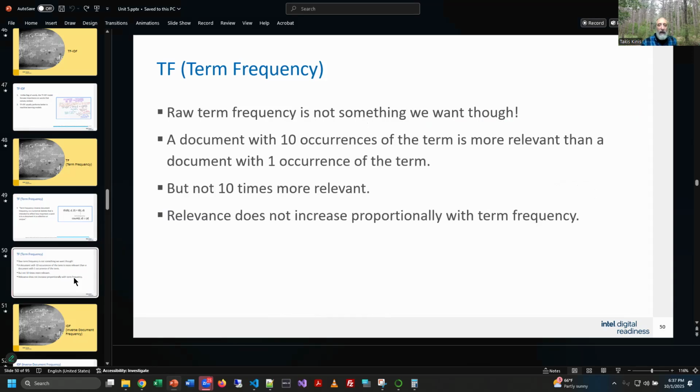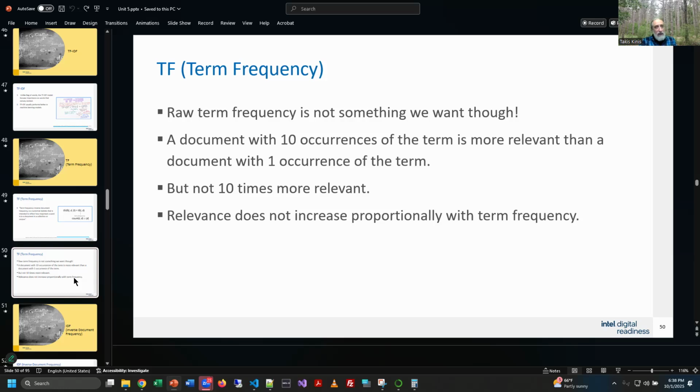Now, maybe this isn't what we want, though, and I'll have you think about this. It says raw term frequency is not something we want. A document with 10 occurrences of the term is more relevant than a document with 1 occurrence of the term, but not 10 times more relevant. You can imagine if I was reading the Green Bay newspaper about the Green Bay game, they might say Green Bay Packers like 50 times.